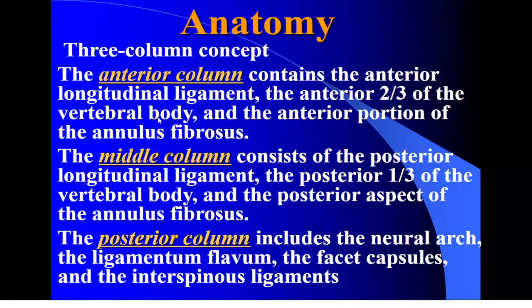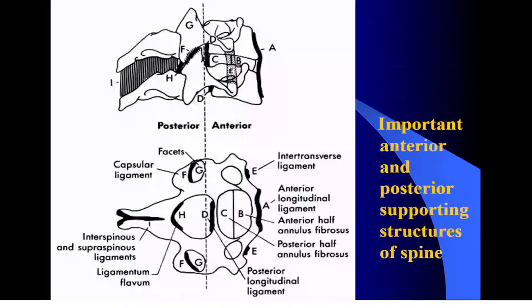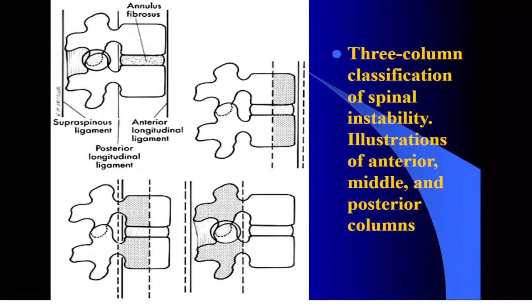So, what is the main idea? Why did Dennis split the spine into three supporting elements? Initially, he just tried to explain how the forces which we have in the spine are split or transferred to different anatomical parts.